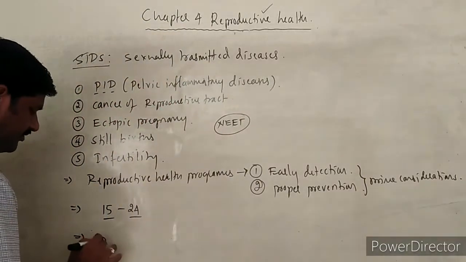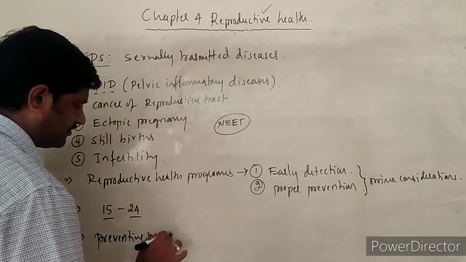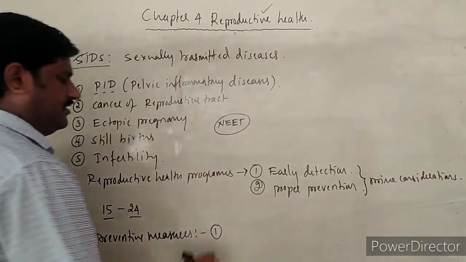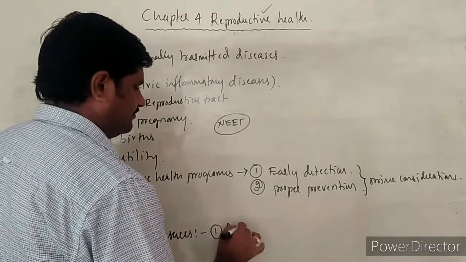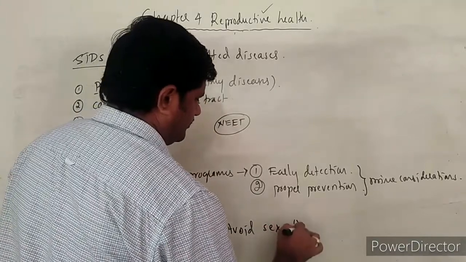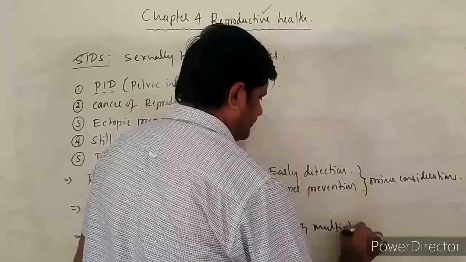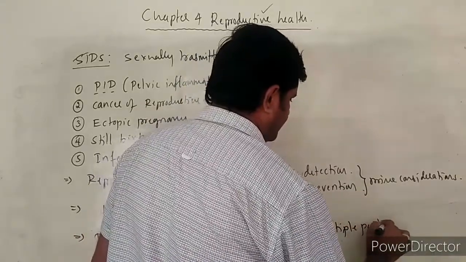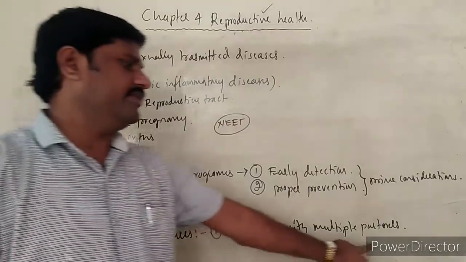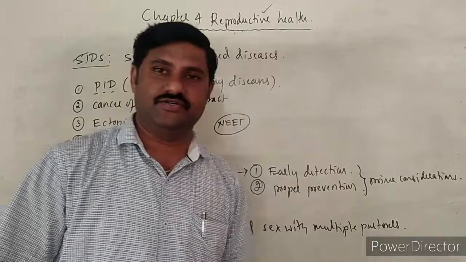So the first preventive measure is avoid sex with multiple partners. Avoid sex with multiple partners and even unknown sex partners, right?